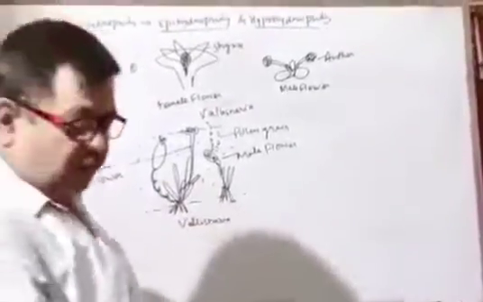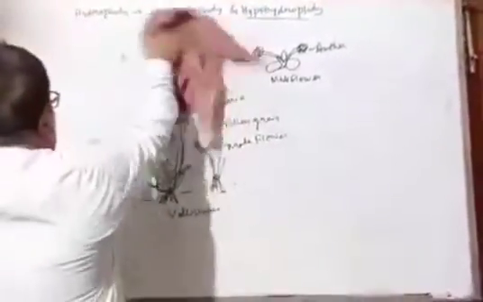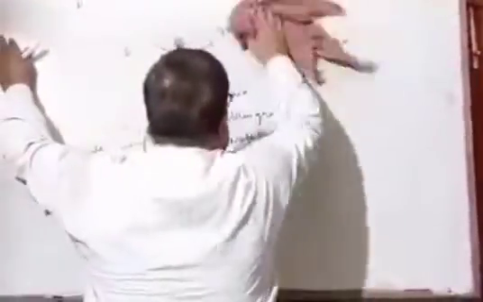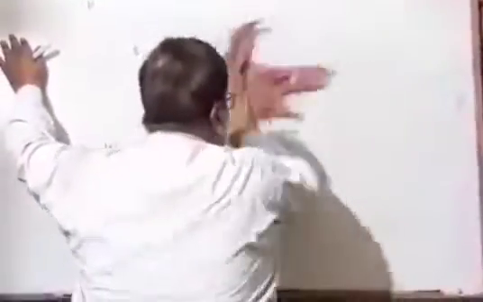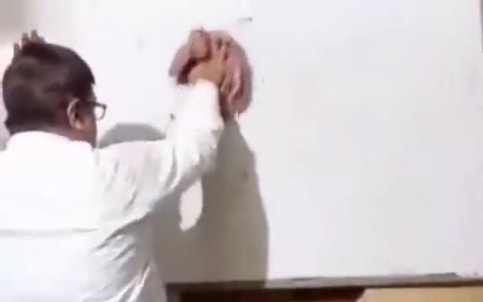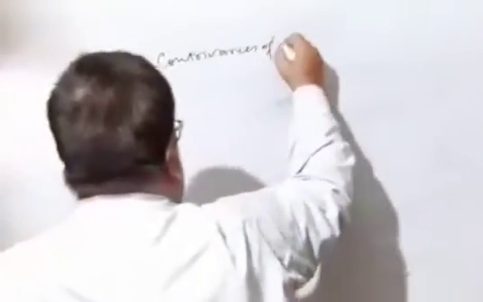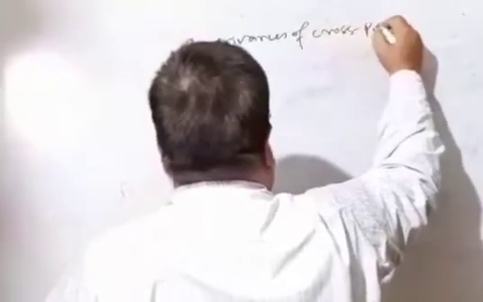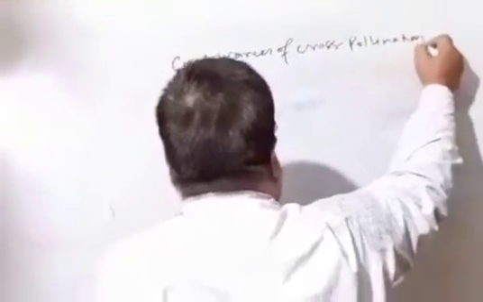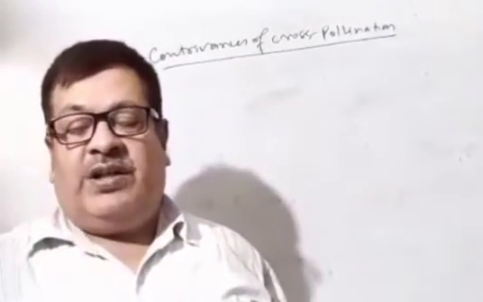Now one important question for discussion is, what are the contrivances of cross pollination? Contrivances of cross pollination means the conditions under which self pollination is never possible and cross pollination is the rule.